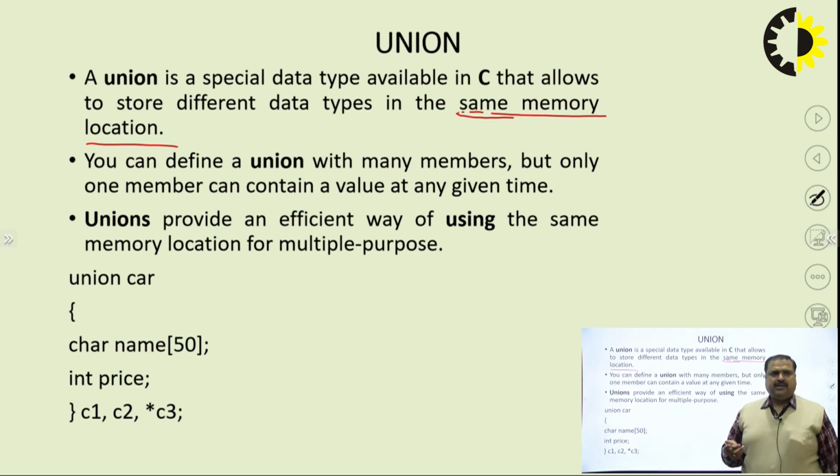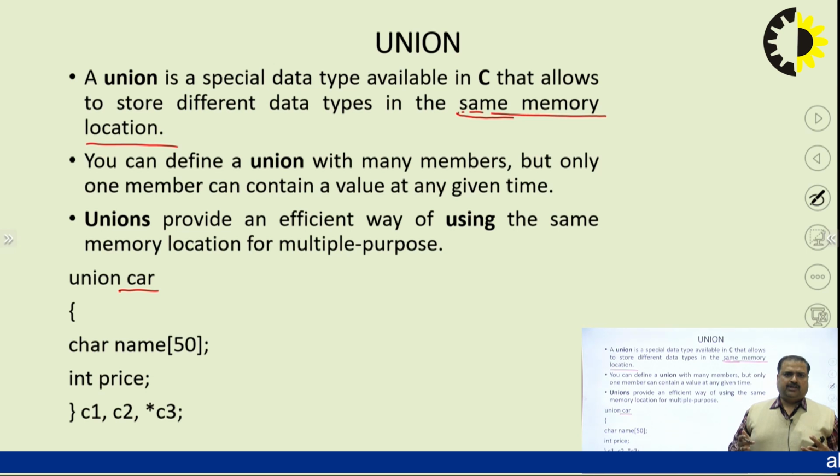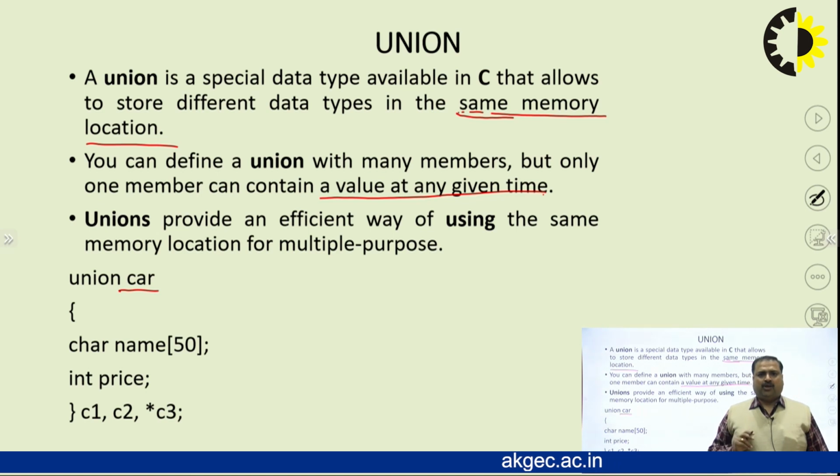So, you can define a union with different types of members, like I have given here an example, where we are having a union for car. That car may be having some name and its price. So, we can define a union with different or heterogeneous members, but only one member can contain a value at a given time. That is the key point.